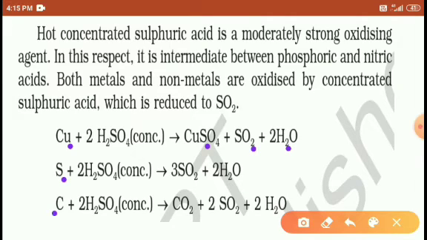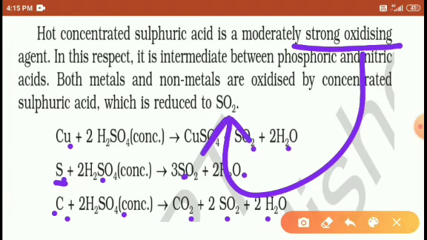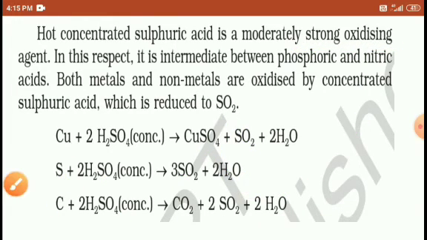Sulfur and carbon non-metals also react. Sulfur reacts with sulfuric acid to form SO2 and water. Carbon reacts with sulfuric acid to form carbon dioxide, SO2 and H2O. So hot concentrated sulfuric acid acts as a strong oxidizing agent. The sulfuric acid turns into SO2.